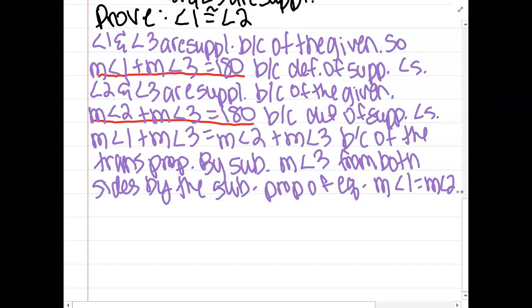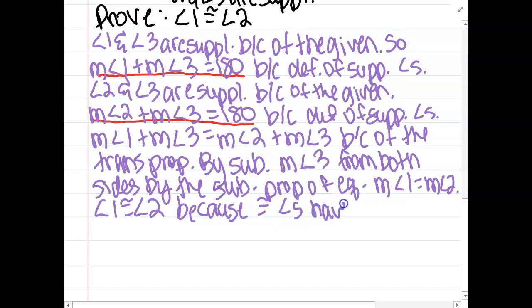And then if the measure of angle 1 equals the measure of angle 2, well, that means angle 1 has to be congruent to angle 2 because congruent angles have the same measure.